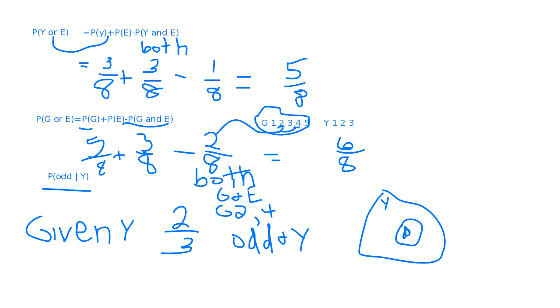Well, that's yellow 1 and 3. And the denominator is yellow. So how many yellow cards are there? Well, there's only 3. There's yellow 1, 2, 3. So it's 2/3. 2 out of 3.